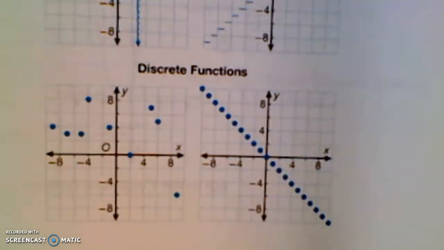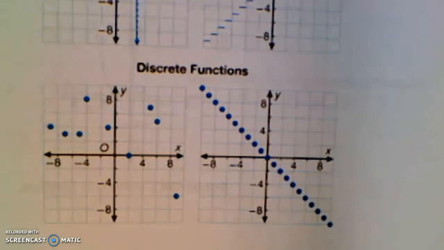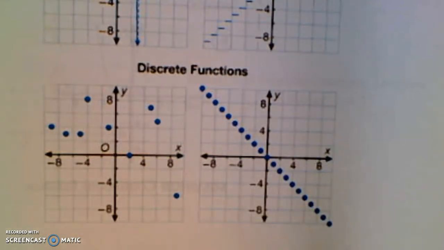A discrete function. So discrete functions are functions that are made up of just points. As you can see on the left, it's a random collection of points as opposed to the right where there's a pattern to them. But in all cases, it's just a point.